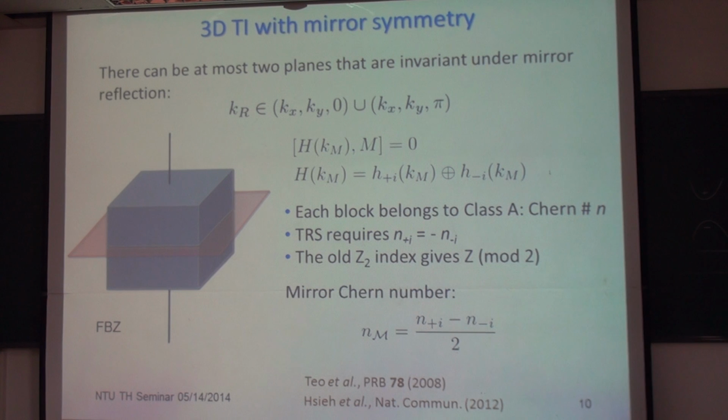If this is the kz direction, we can have a mirror reflection plane here, or on the top. Why on the top is okay? Because it's periodic. But suppose the low energy physics simply occurs at the kz equals 0 plane. So let me simply focus on this mirror.